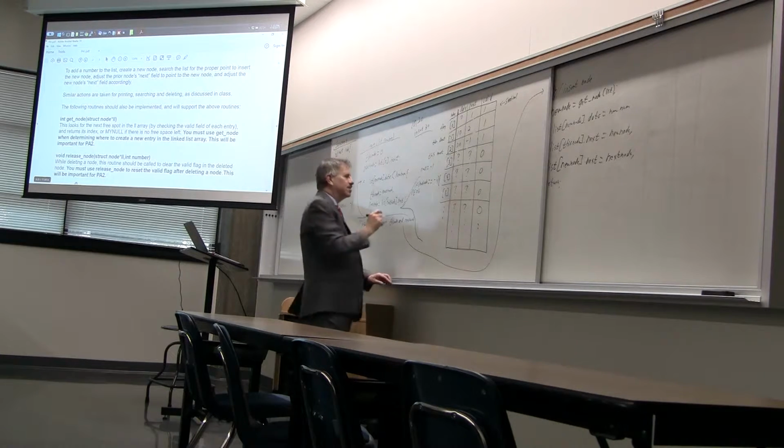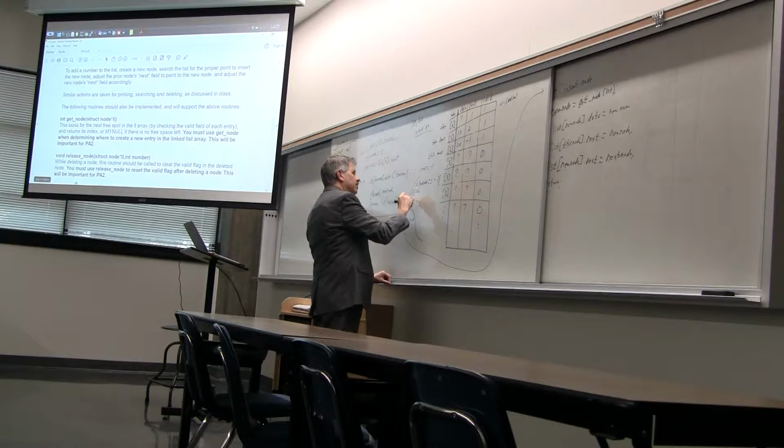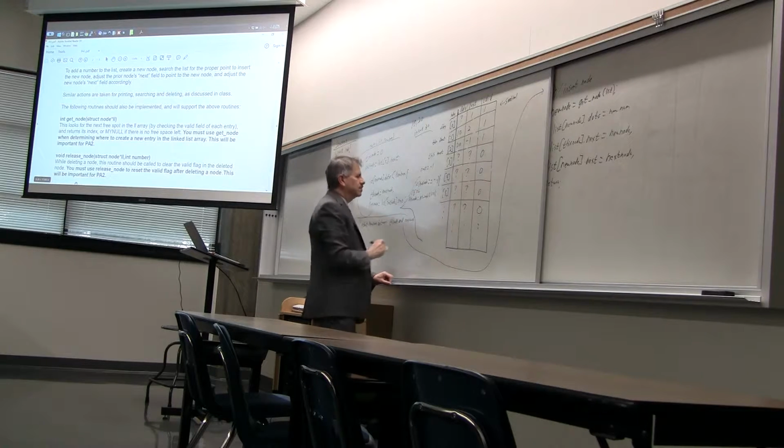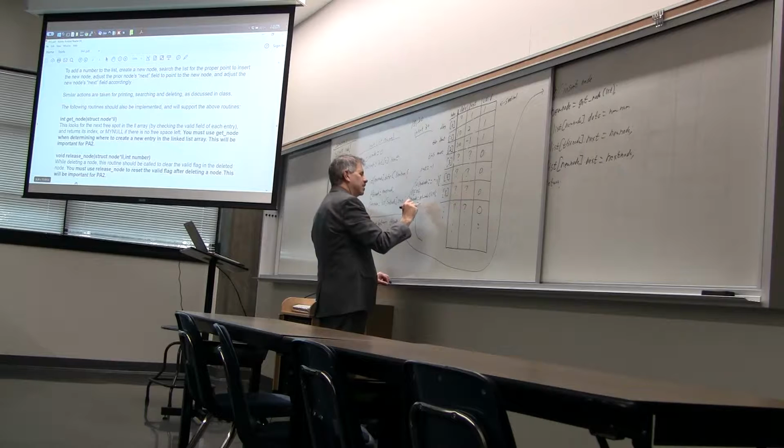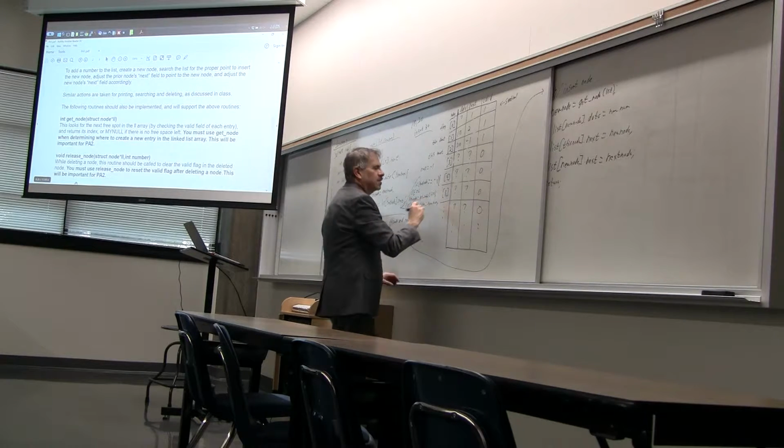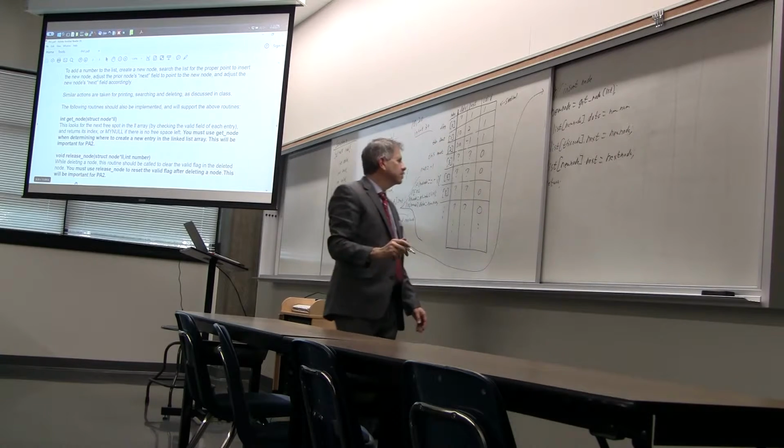So this code in here is new node equals get node list. List bracket new node dot data equals new num. Same as we did over here.